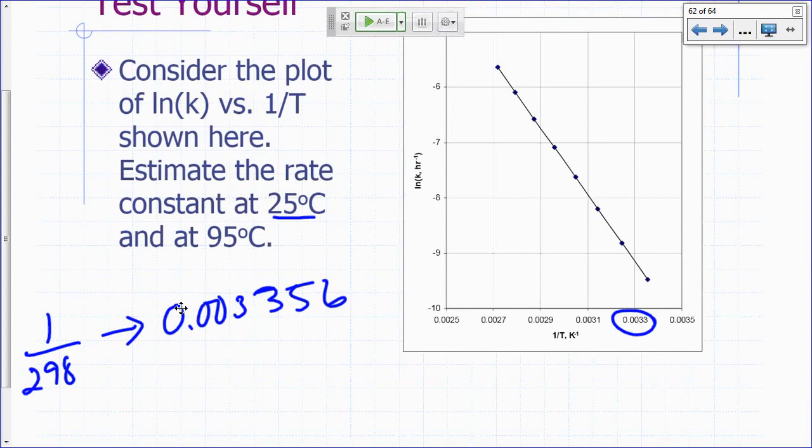It's 0.003356. So it's down here, somewhere down here. Okay? And so that would be my ln of k there. And then k will just be e to the ln of k. At 95 degrees, where would I be?